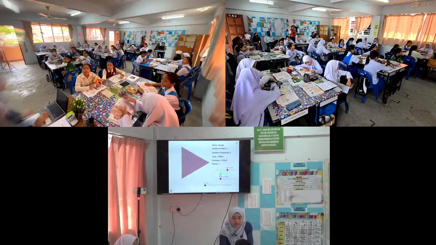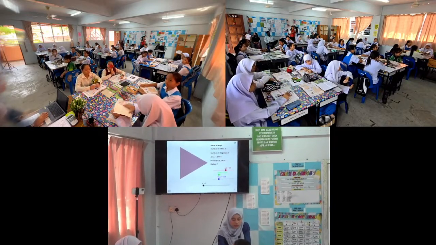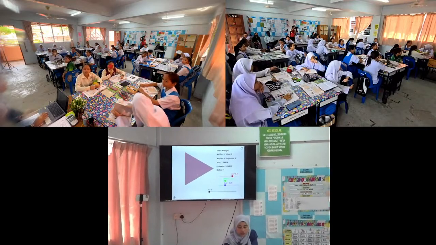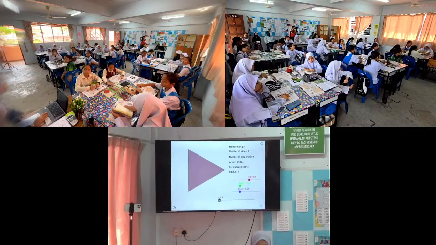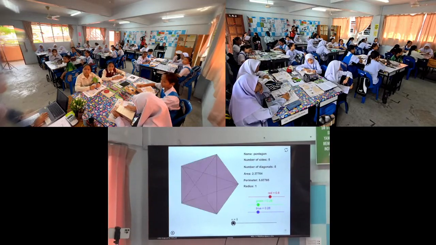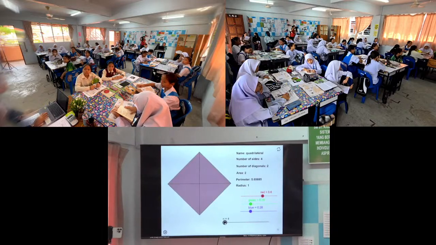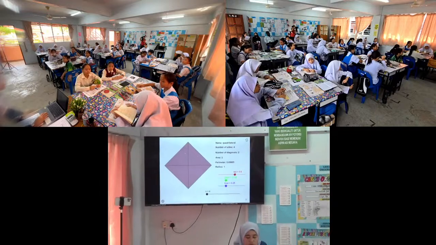Let me see the diagonal from the GeoGebra. If I have 3 sides, I cannot form a diagonal, right? But if I have 4 sides, I can form a diagonal. The diagonal must be from edges to edges.